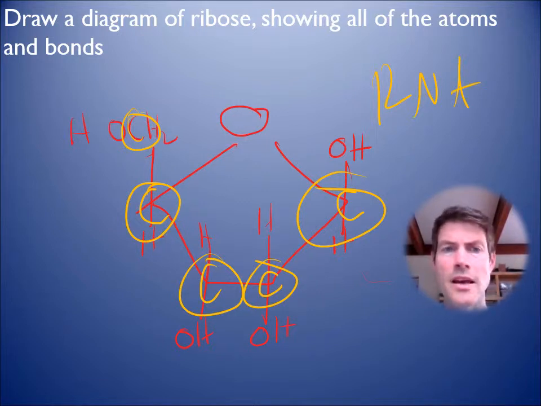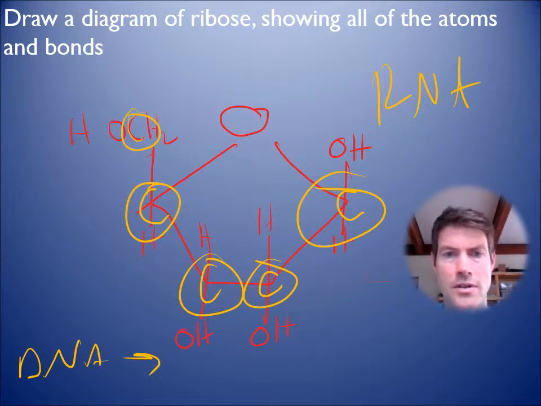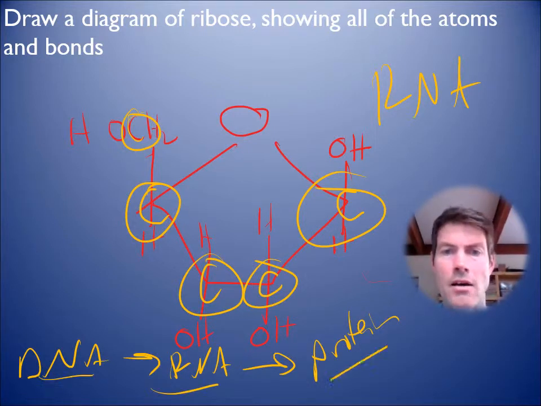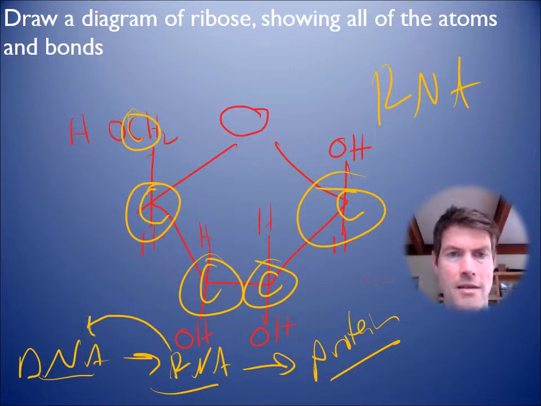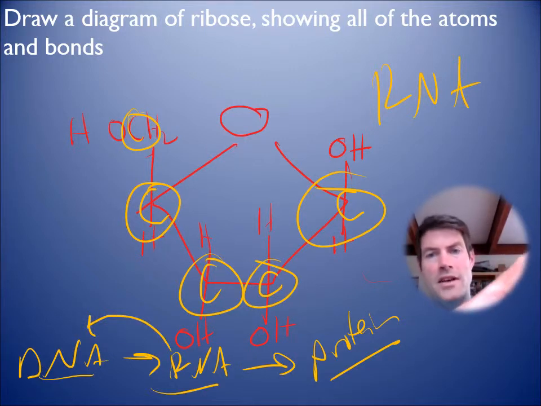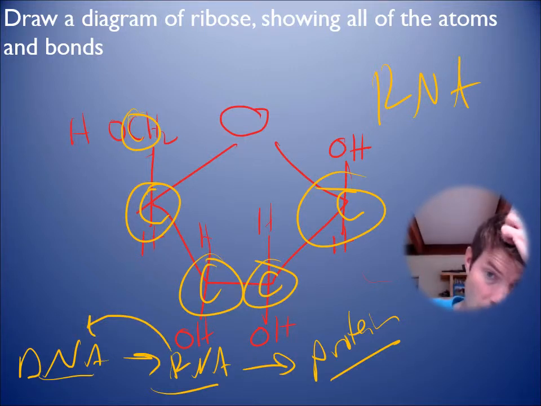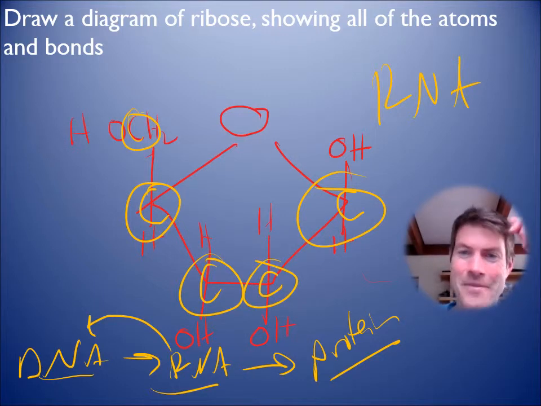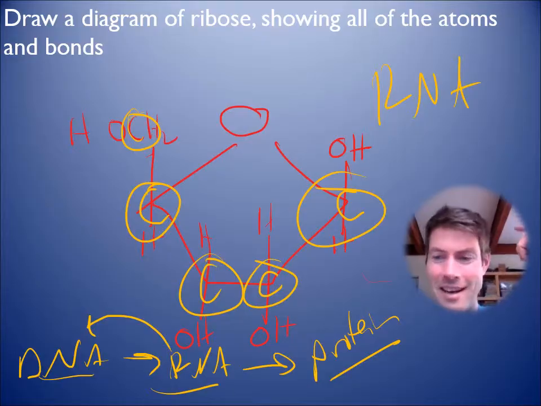Remember, you got your DNA in your nucleus. It gets converted to RNA, which gets converted to a protein. Basic central idea of how organisms use their DNA, but a lot of this RNA doesn't get used at all for protein. It goes back and modifies the DNA or modifies the making of other proteins. Pretty complicated. This is all you need to know right now. Plenty of time for complication later.